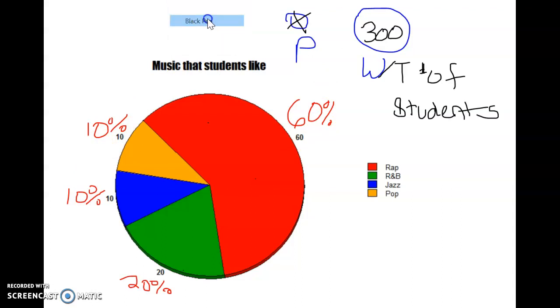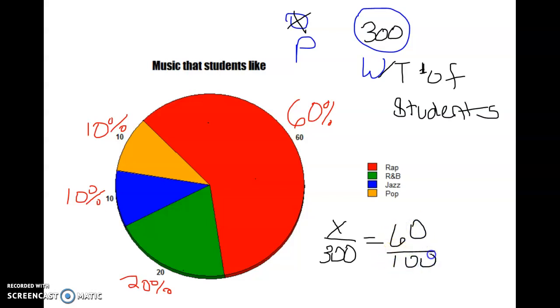If I have a total of 300 students surveyed, I don't know how many chose rap music. I'm going to use that one as an example. Whatever this number is, 60% of 300 is going to be my X, how many of those actual students chose rap.